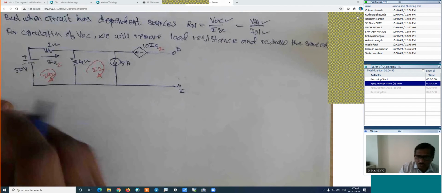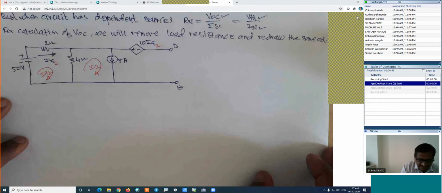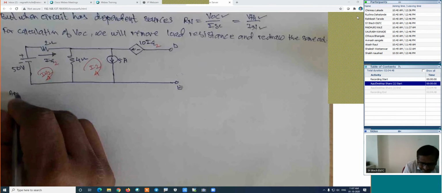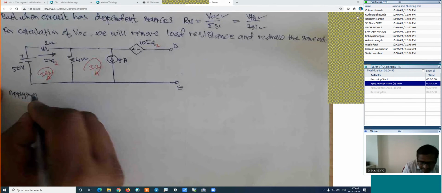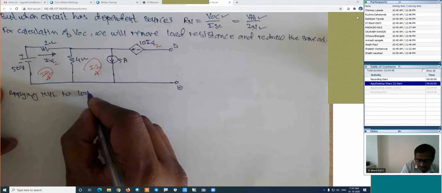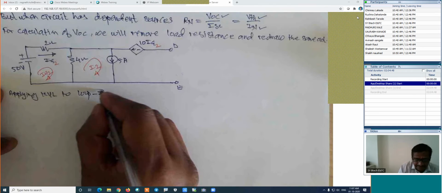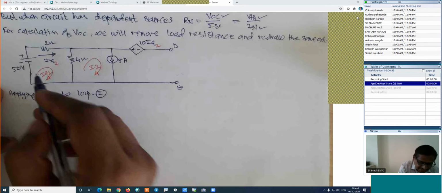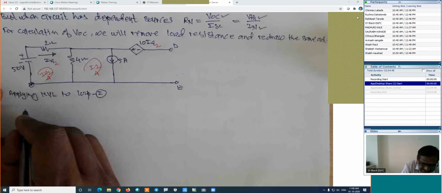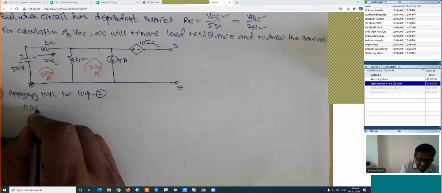Now applying KVL to loop 1. You can use nodal analysis also. If we are applying KVL to this loop 1, starting from this point and traveling in the clockwise direction, negative to positive is plus. Its voltage is 50.